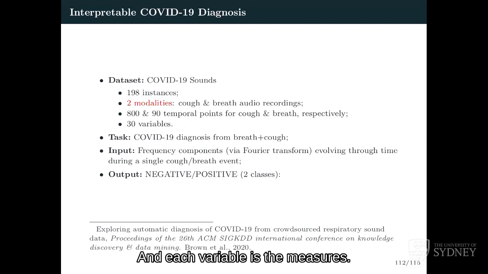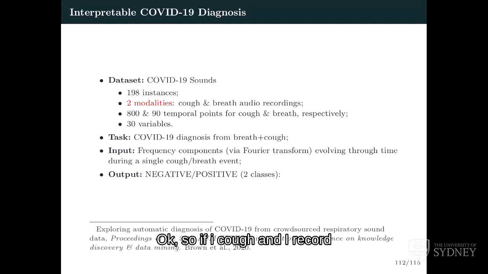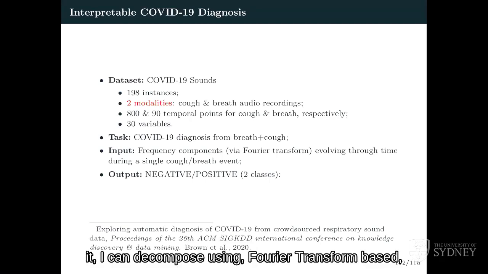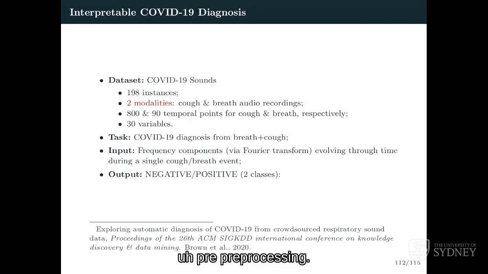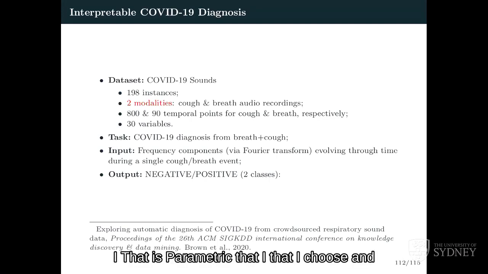And each variable measures how much a given audio frequency was present at any point in time. So if I cough and I record it, I can decompose, using Fourier transform-based preprocessing, how different frequencies in a given range, that is parametric, that I choose and is distributed in a way that was studied, are distributed throughout time.